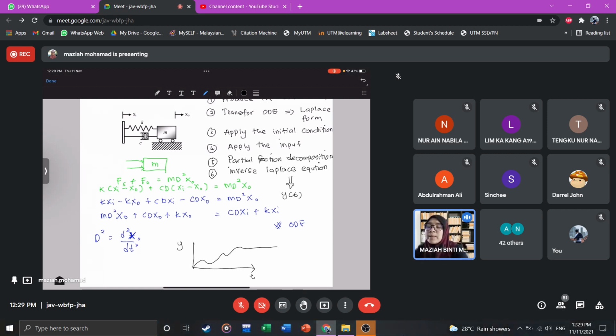Then we use the partial fraction decomposition method to solve for the Laplace parameters that we need to determine. Once we get that, we can inverse the Laplace form into the time response equation, which is y(t) equal to something.